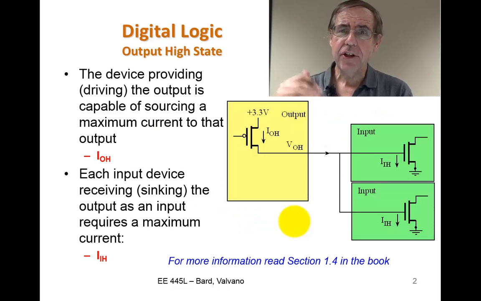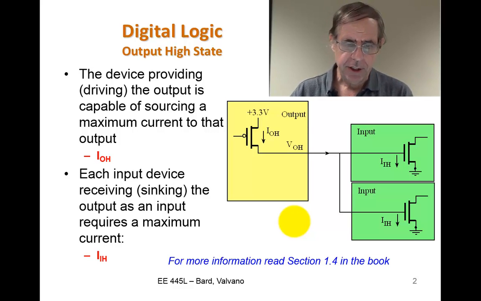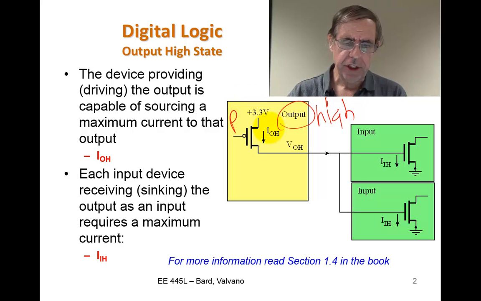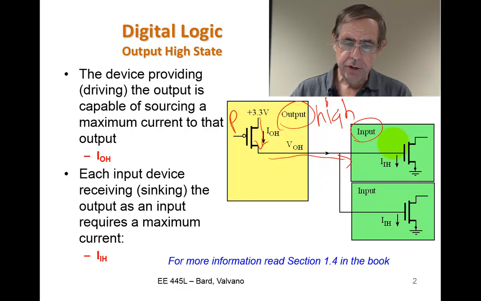All right, let's first talk about voltage and current as it applies to digital interfacing. In this diagram, we're considering what happens when the output is high. When the output is high, we have a p-channel MOS transistor right here, which is on and driving current in this direction. That current goes from the output to the input and is used to drive the gate of these n-channel transistors.